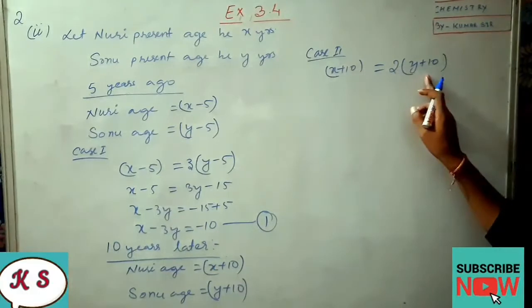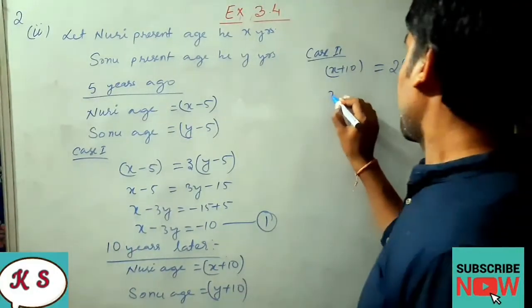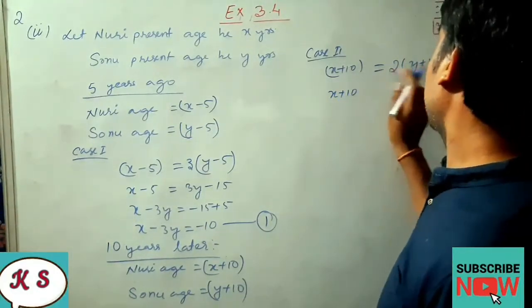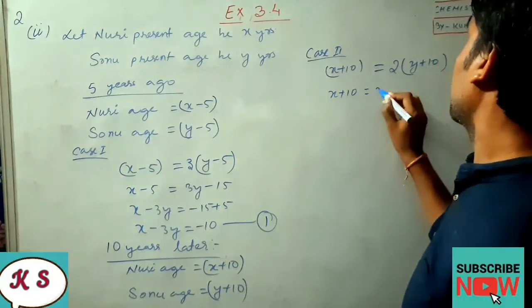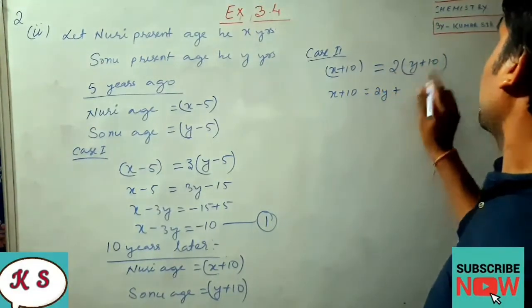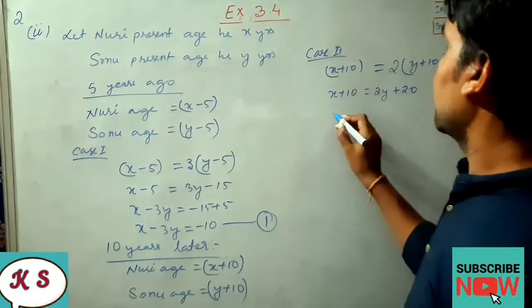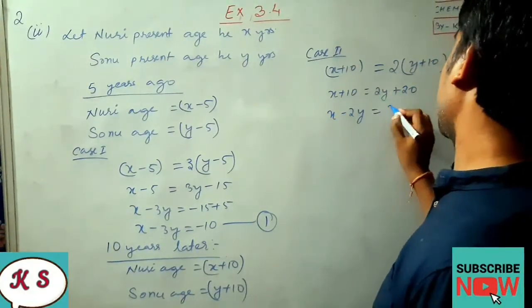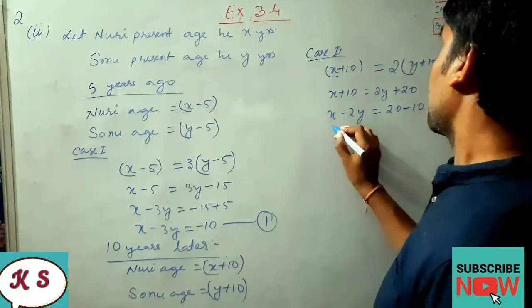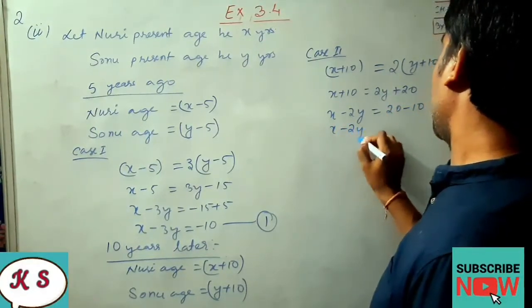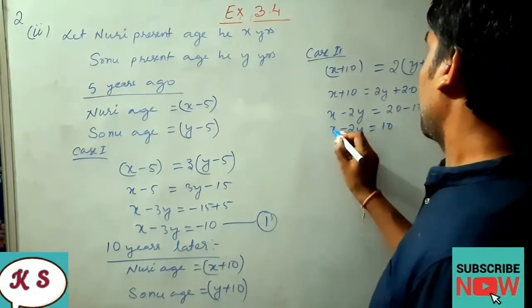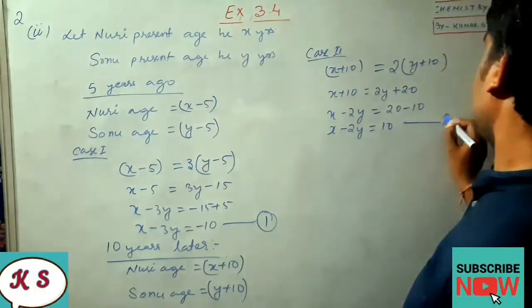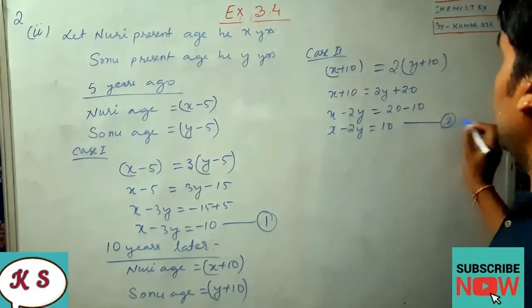So X plus 10 equals 2 into Y, 2Y, 2 into 10, 20. So this Y term you bring this side, so X minus 2Y, and this 10 you take that side, 20 minus 10. So X minus 2Y equals 10. So this is your equation number 2.